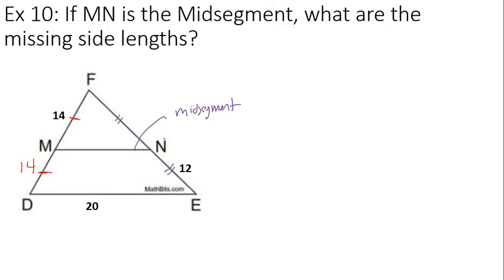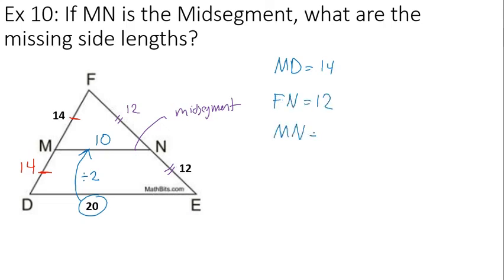So this is 12. This is also going to be 12. And then the last segment, the mid segment. So since I'm going from the 20, and that's the mid segment, I'm going to divide this by 2. So it's going to give me 10. So here I'm going to say MD is equal to 14. FN is equal to 12. And MN is equal to 10.